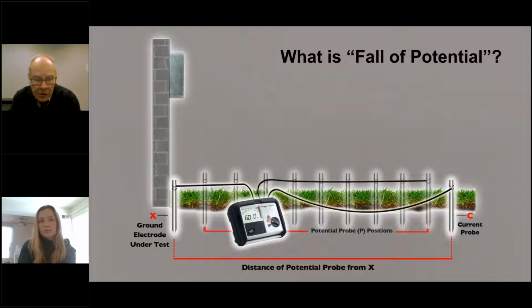But you take these series of measurements and then you graph them, distance versus the resistance at those different points. That graph then tells you whether you made a good measurement or not, and it tells you what the measurement is. That is what is called fall of potential, and it's the most fundamental way of doing a ground test.